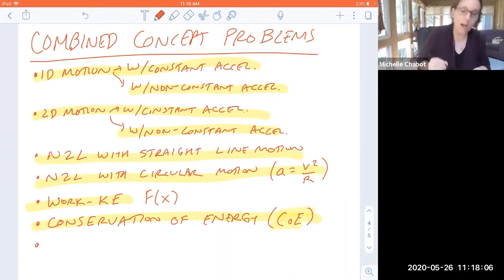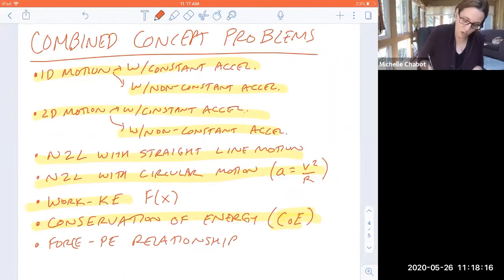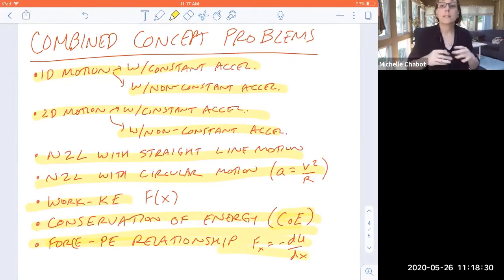The other thing that often shows up is the force and potential energy relationship, the one where we had F sub x equals minus dU/dx. So those are the two that showed up from this module. Conservation of energy is a big overarching, fundamental principle, and the force-potential energy relationship allows us to understand what potential energy is in terms of a force and analyze potential energy diagrams, etc.